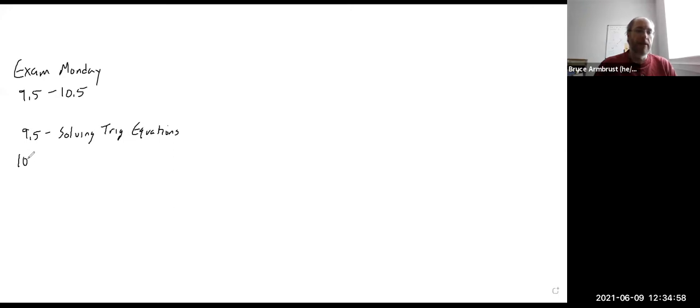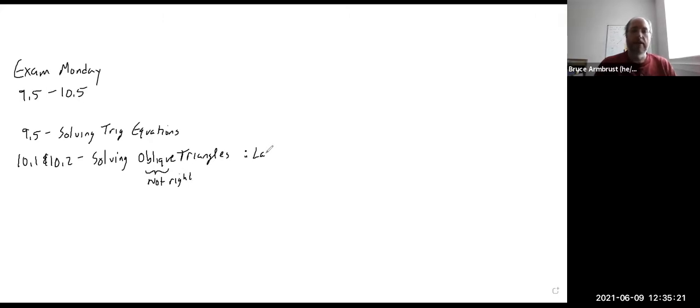So then 10.1 and 10.2, I'm going to lump those together because these were solving the oblique triangles. Oblique means not right. So really this was the law of sines and law of cosines.